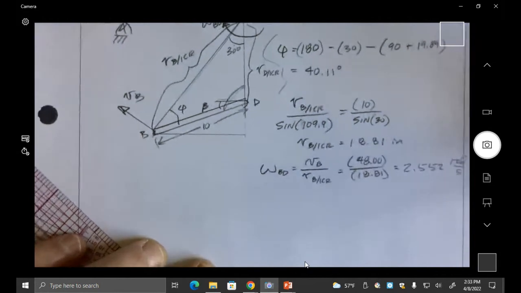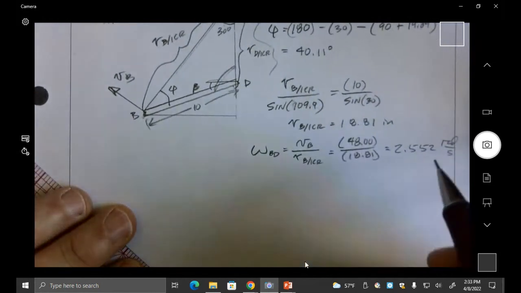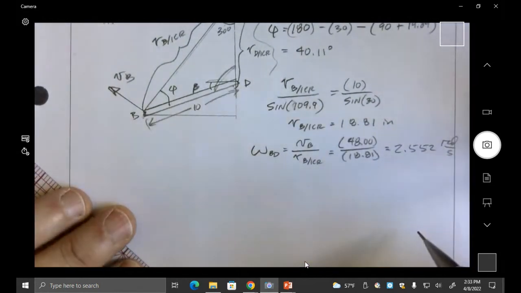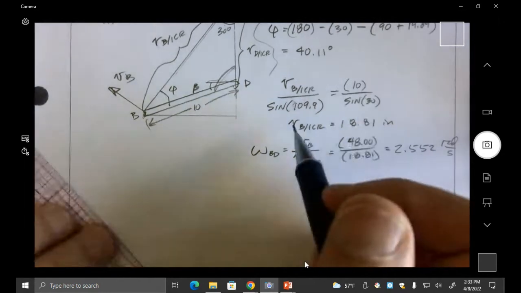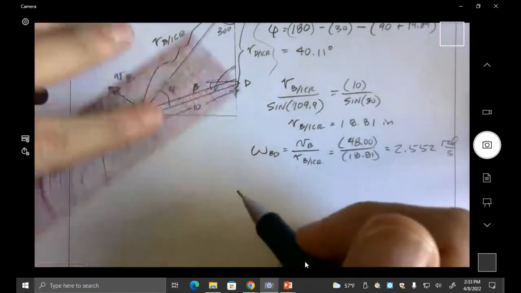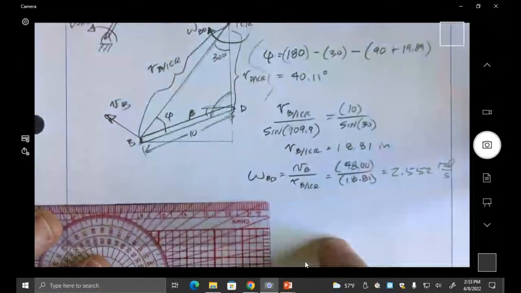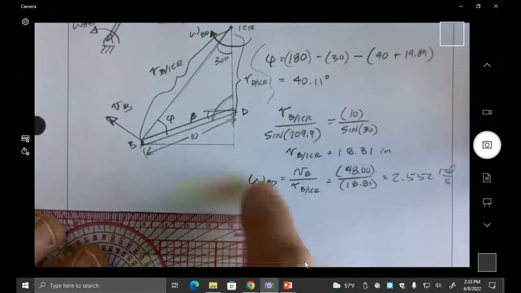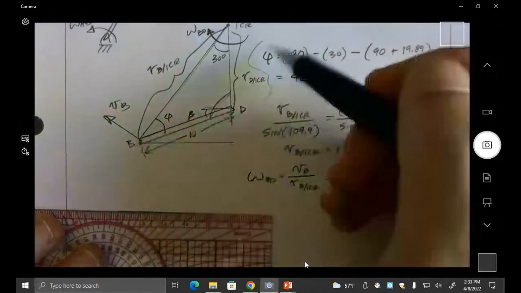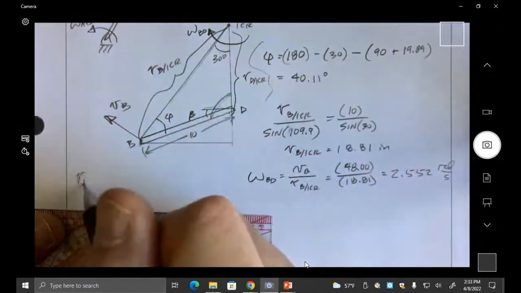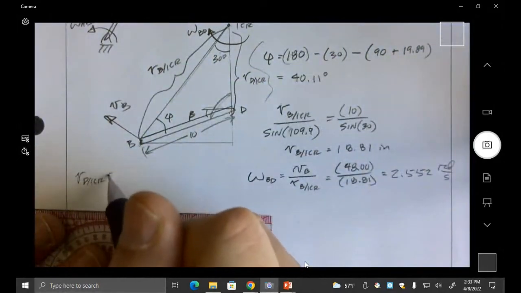Okay, so we got the velocity analysis out of the way, so we go to the acceleration analysis of this. Well, if it wasn't asked for, we could do it, right? Then we would get the RD with respect to ICR.